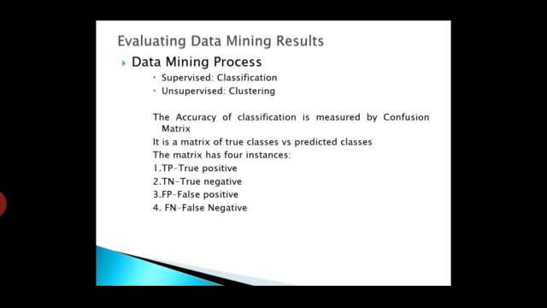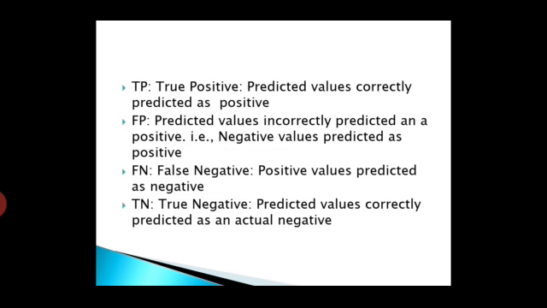It is a matrix of true classes versus predicted classes. This matrix has 4 instances: true positive, true negative, false positive, false negative. True positive is represented by TP, similarly true negative by TN, false positive by FP, and false negative by FN. Now what are these instances?